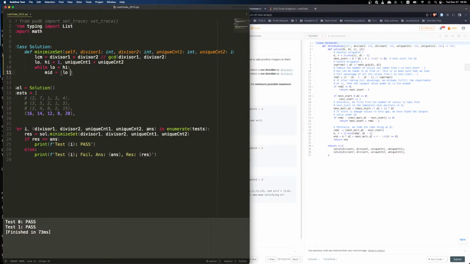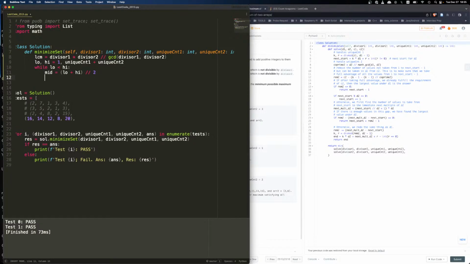Low plus high divided by 2, right? And then we shall say, given this, what are the values we can take. So can take shall equal to mid minus the value we cannot take.